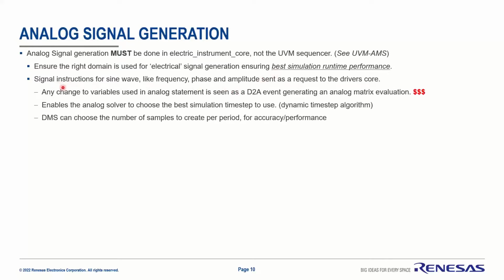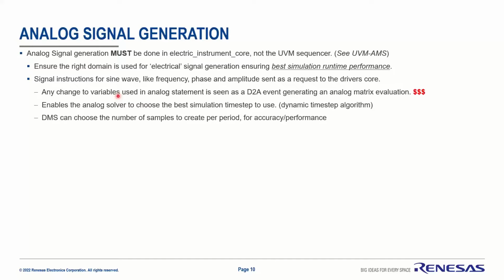So what we do for a sine wave is you'd pass in the frequency, phase, amplitude, send that to the electrical instrument core. That would basically then generate the signal. Any change in these values is seen as a D2A event that basically tells the analog solver, right, go and create a new analog solution at this point.